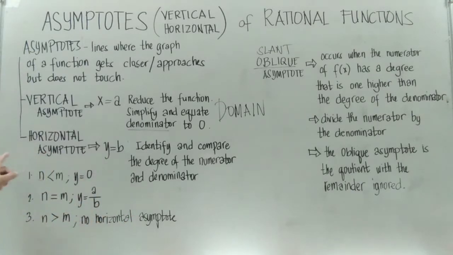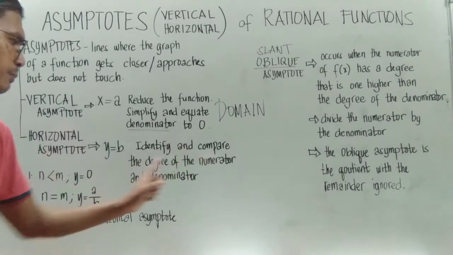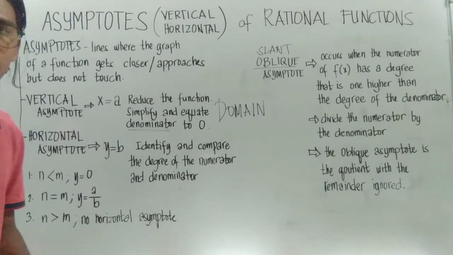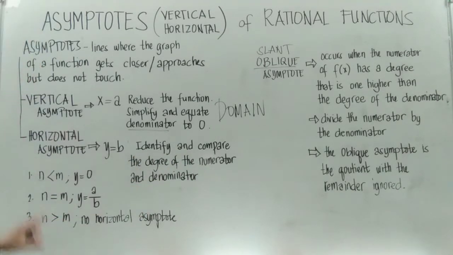In computing the horizontal asymptote, we have to identify and compare the degree of the numerator and the denominator. Assuming the degree of the numerator is n and the degree of the denominator is m, we compare the degrees.